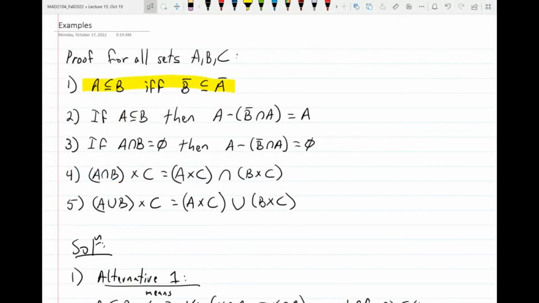Let's see. Why don't you try now number 3? You should be able to do number 3. It's super quick now.